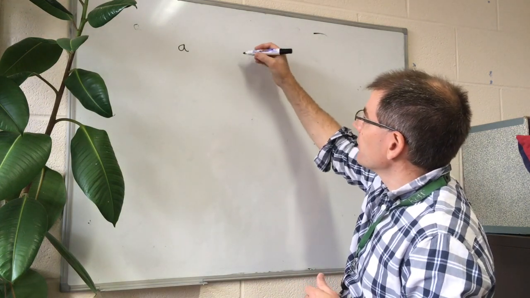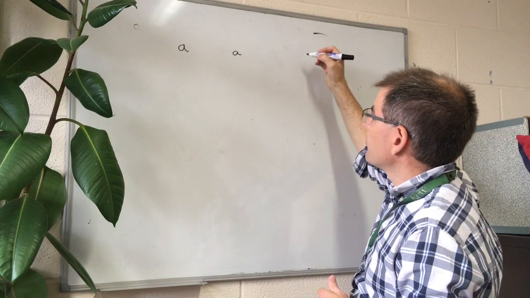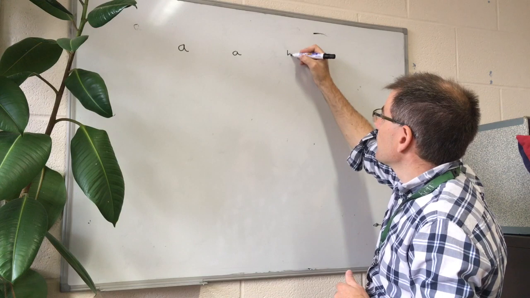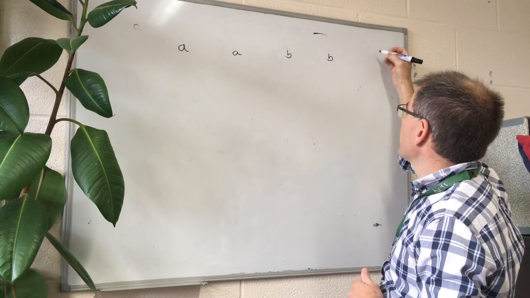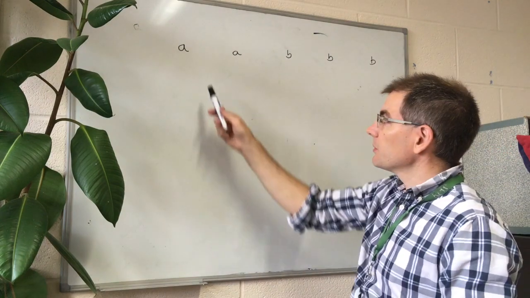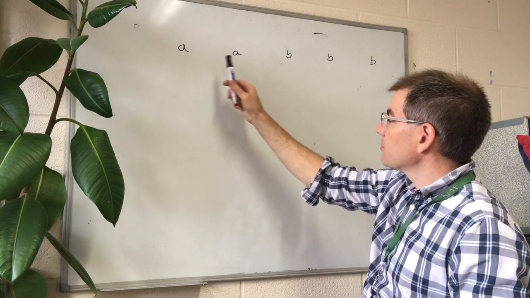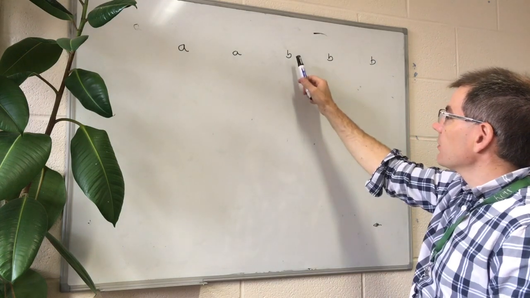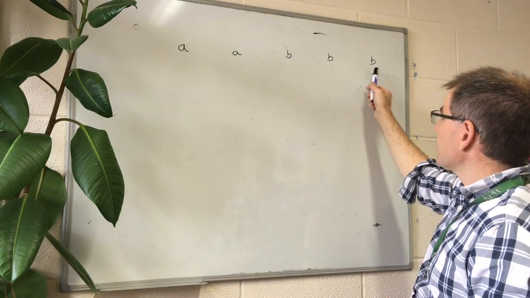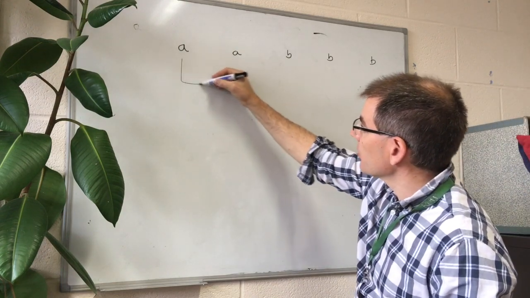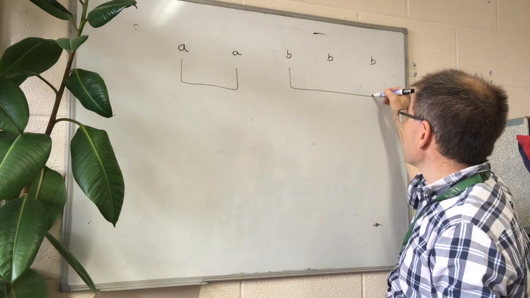And if we were looking at 5 different organisms, if 2 of them had character A, and 3 of them had character B, if we were just looking at that character, we'd think these 2 organisms, species 1 and 2, are more closely related to each other than they are to these 3 species, and these 3 species are all closely related to each other. So we might depict that like this.